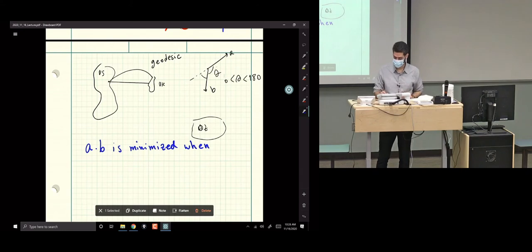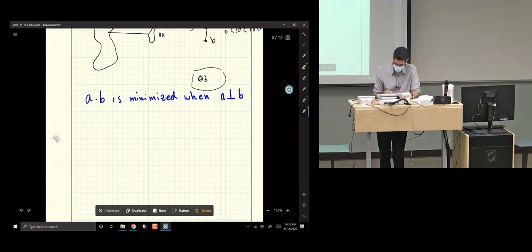Exactly. When A is perpendicular to B, the angle is 90 degrees, which gives us 0, right?